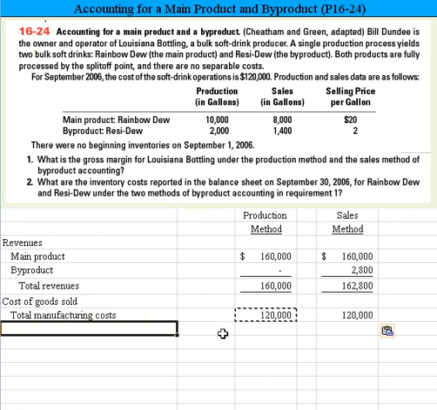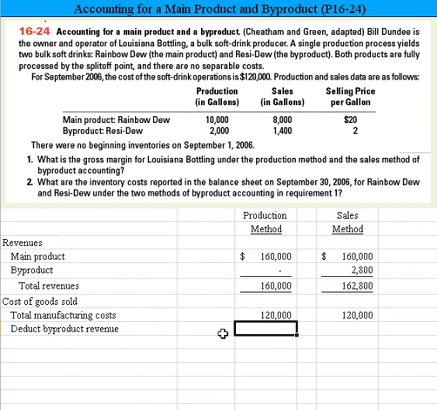But then we need to deduct a portion of that under the production method. Okay, so we deduct a proportion of the byproduct revenue and treat it as a reduction of costs under the production method. The byproduct revenues are shown separately under the sales method. There's no deduction there. All right, well, how do we come up with that amount? Well, here's what we do.